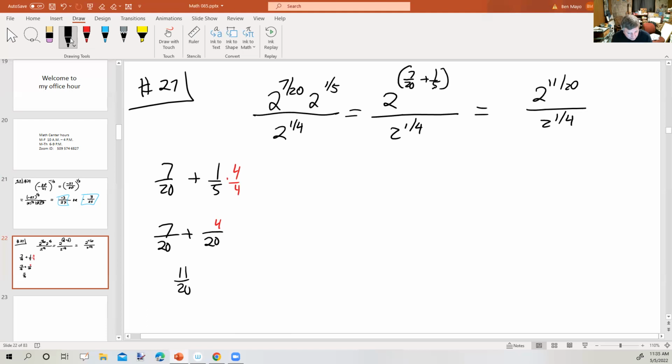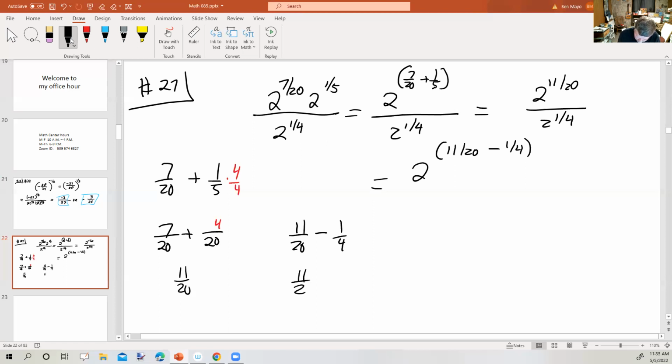Any questions so far? All right, but now we're dividing two powers with the same base. So we're going to subtract the bottom exponent from the top exponent and attach that to the base. So I've got 11/20 minus 1/4.